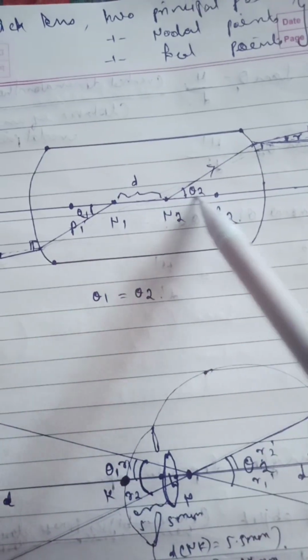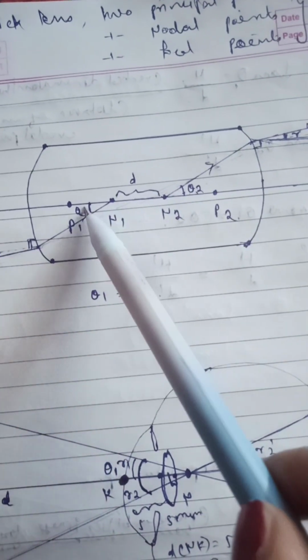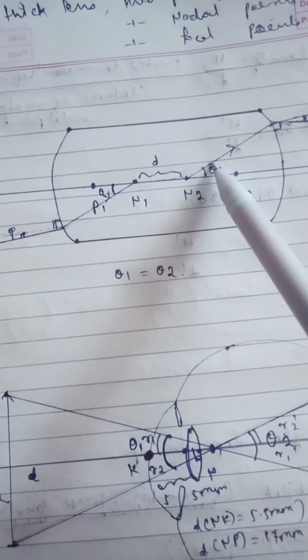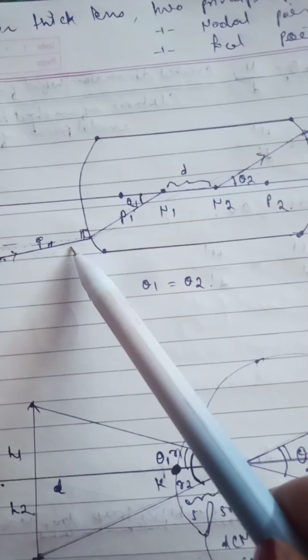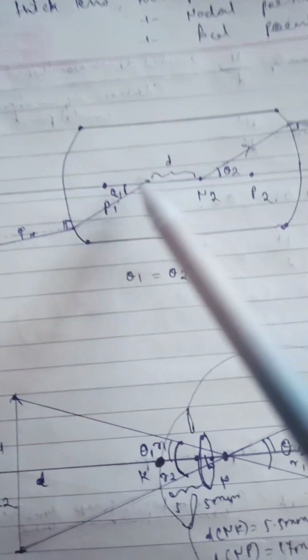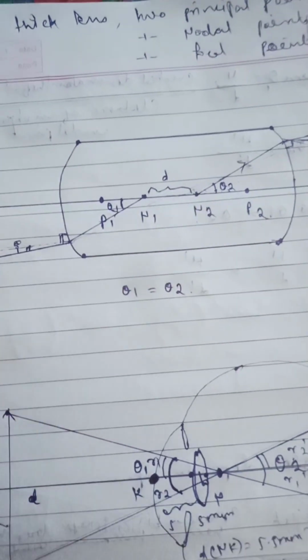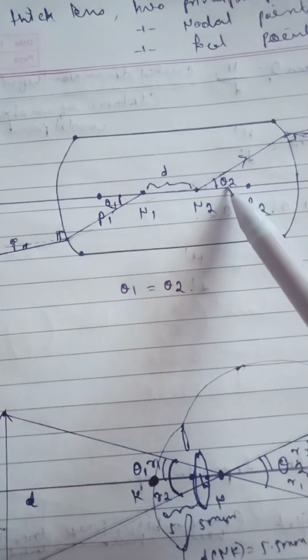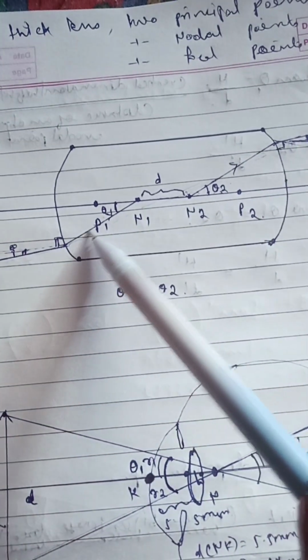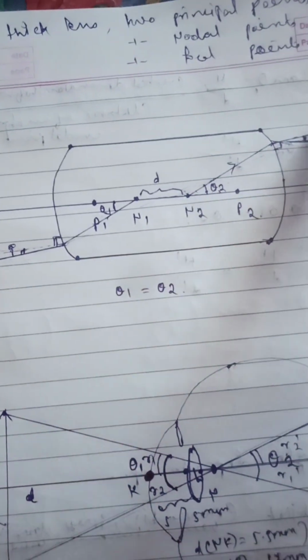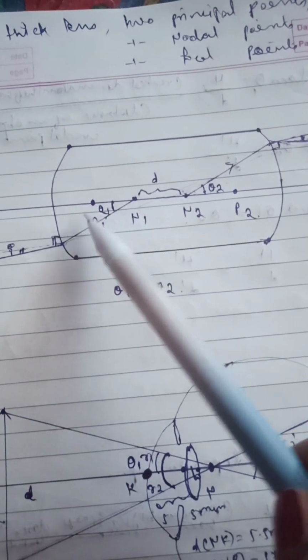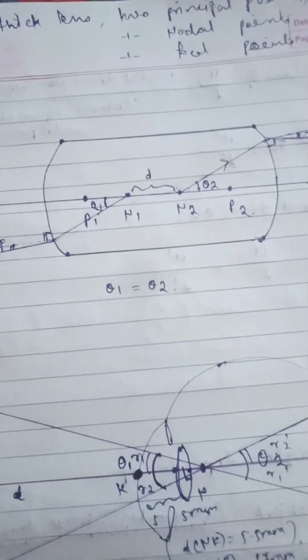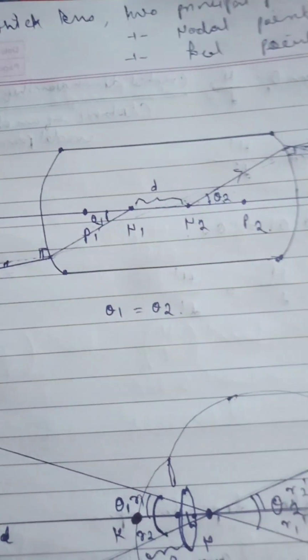Theta 1 and theta 2 are equal because there is no angular deviation or angular displacement occurring when the ray hits the nodal points in a thick lens system. Theta 1 is equal to theta 2, but you will see that rather than going like this, it's going like this. There is a lateral shift, but there is no angular deviation. So linear displacement is present, but angular deviation is not present.